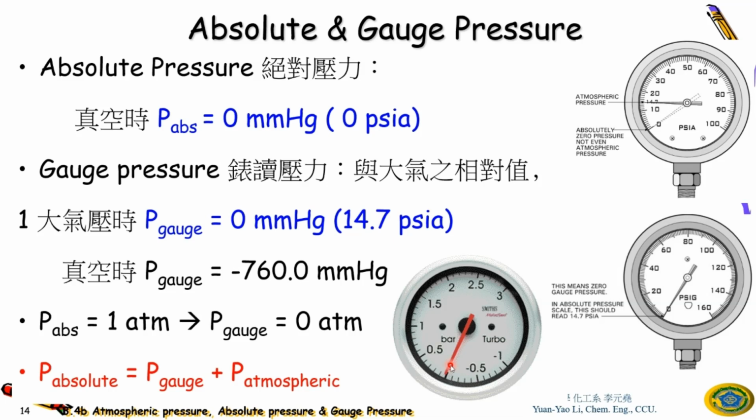Because this gauge measures gauge pressure instead of absolute pressure. Okay, if now the indicator goes to 1, I measure nothing, right? There's no pipe connected. So if the indicator goes to 1, that means this is a gauge to measure absolute pressure. Okay, so the important thing is absolute pressure equals gauge pressure plus atmospheric pressure.